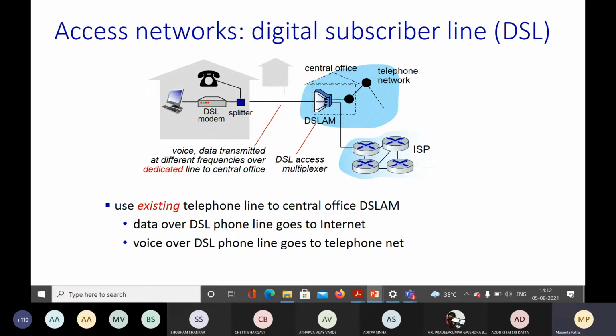We do have a splitter in between that will determine which signal to send to which part. So suppose you have a DSL line in your house, it will not be like when somebody is using the computer, the other person will not be able to use the phone. This used to happen earlier, in the early 90s.